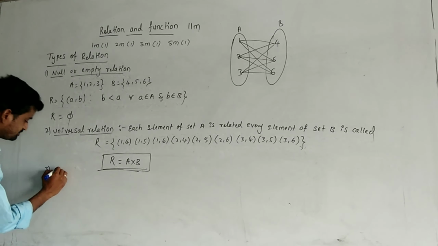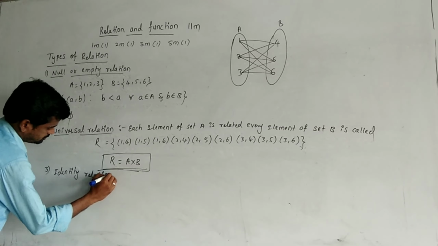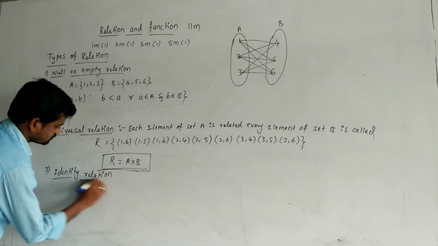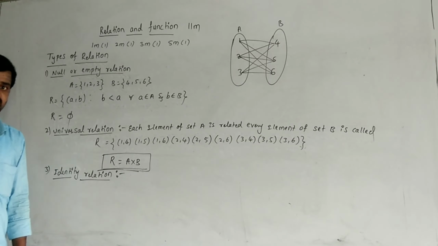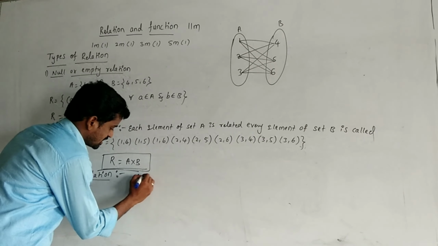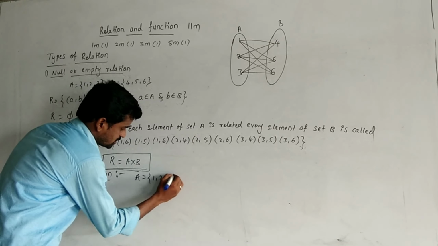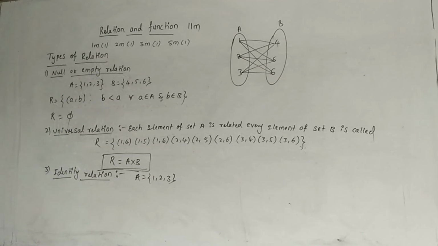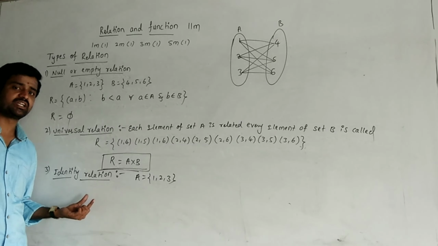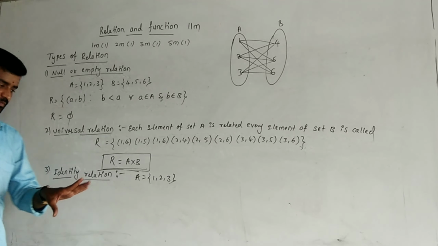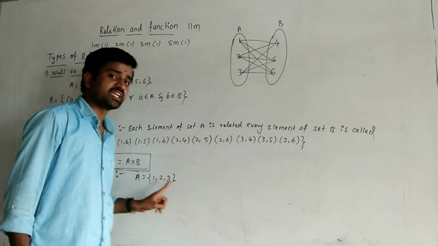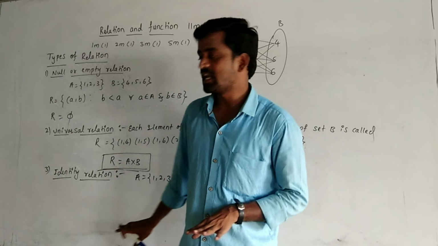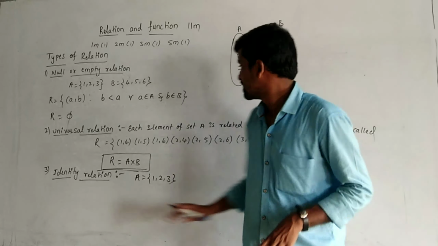Next, third one is identity relation. Here we consider set A is 1, 2, 3. Each element gives image itself. Every element of set A is related to itself only is called identity relation.